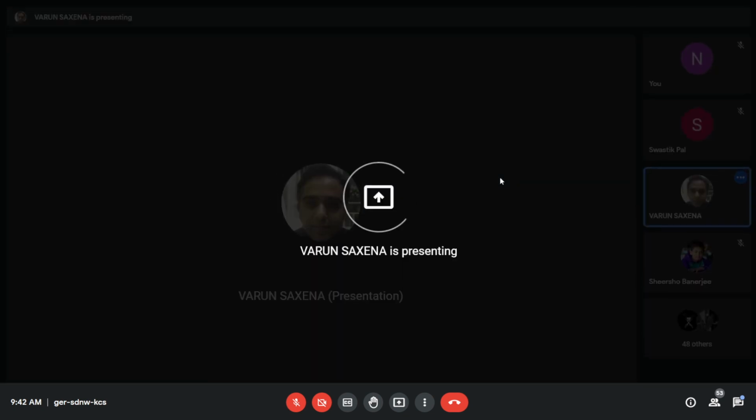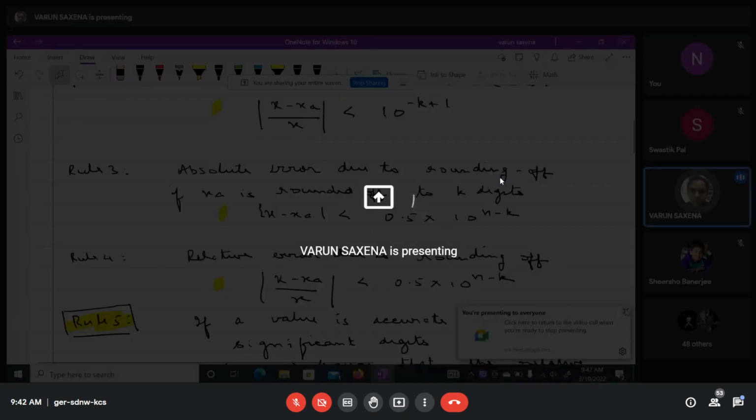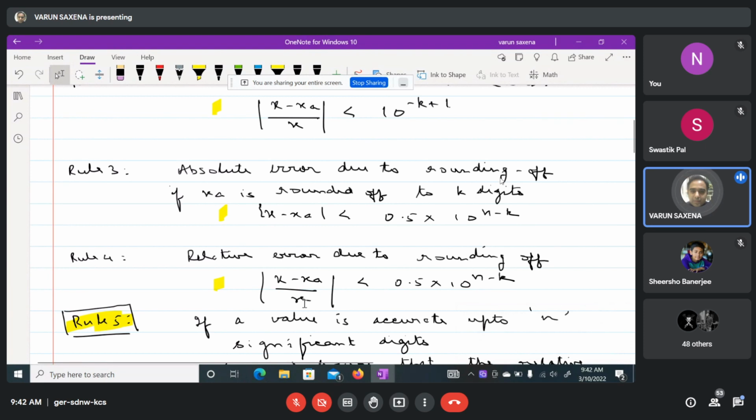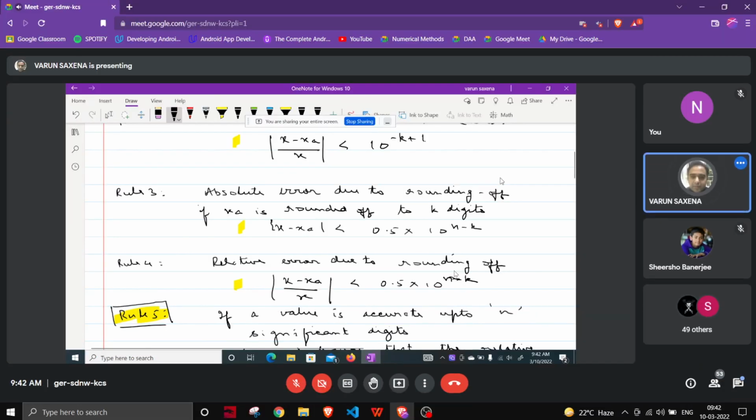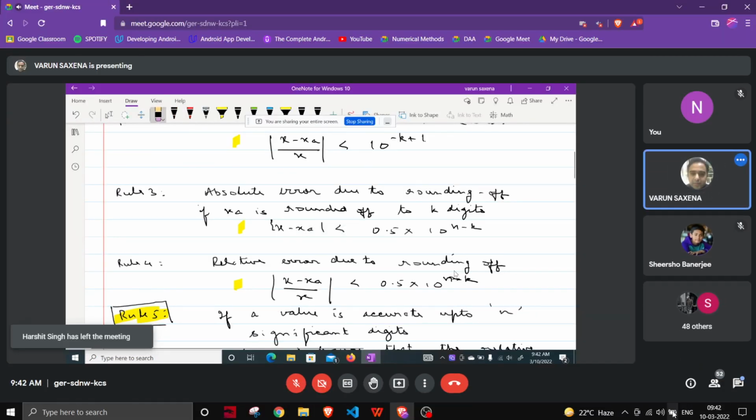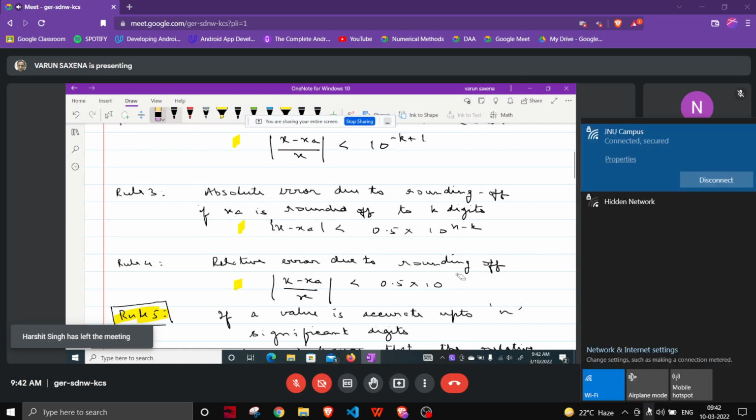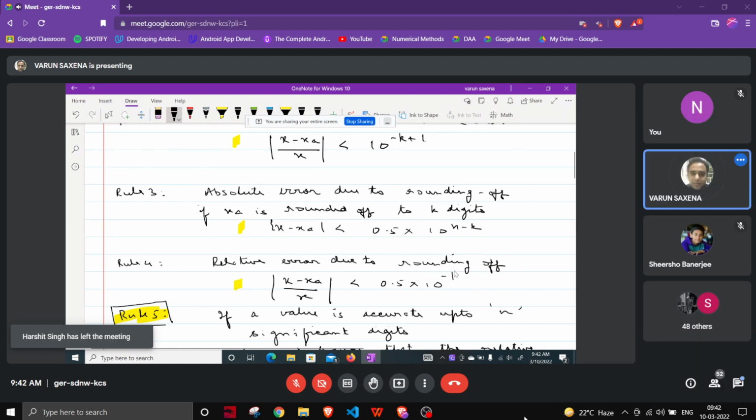I hope my screen is visible now. In rule 4, I wrote that (x minus xa) by x should be less than 0.5 times 10 to the power n minus k. It is not n minus k. It is actually n minus k plus 1.